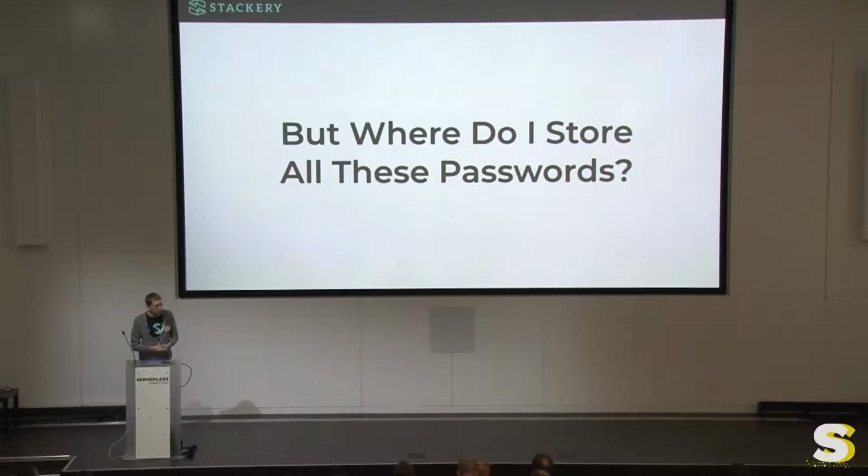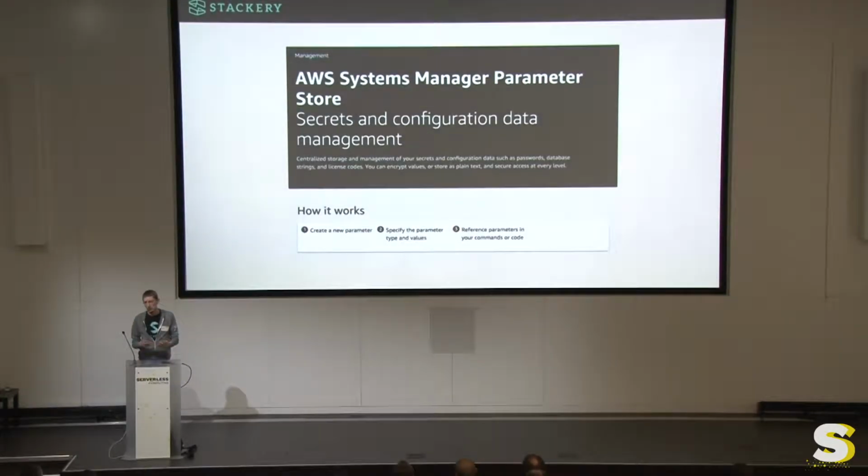All right, we've solved that problem. But now we've got another problem underlying this, which is where do I store these passwords? I can create a script that runs that command and supplies it, but that's kind of janky one way or another. And it turns out that all infrastructure as code solutions practically have a parameter store mechanism. AWS has Parameter Store, and now they have Secrets Manager finally integrated with CloudFormation.